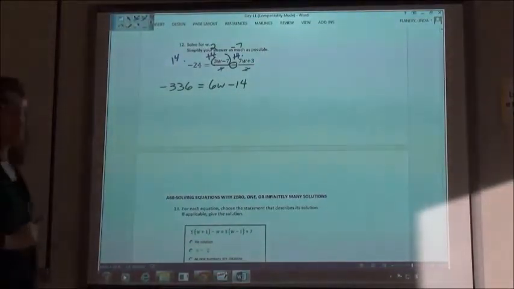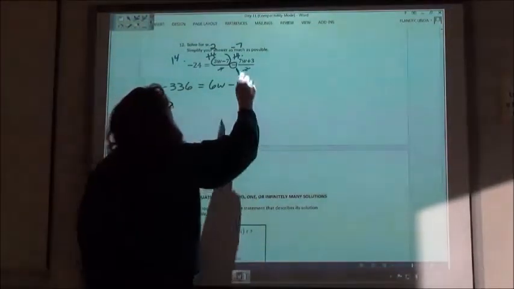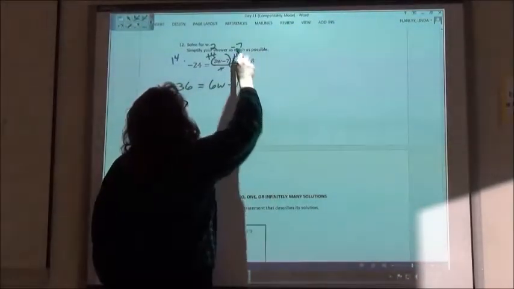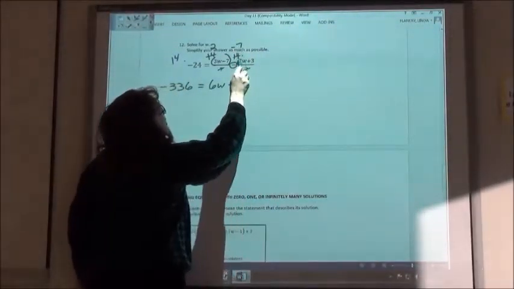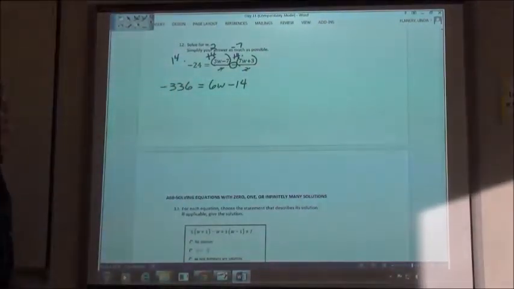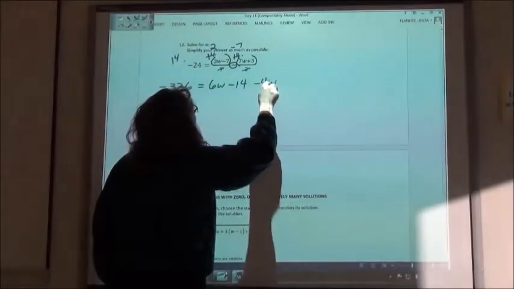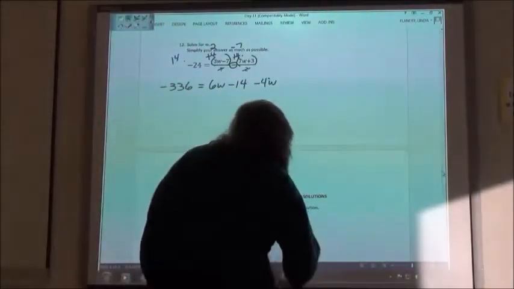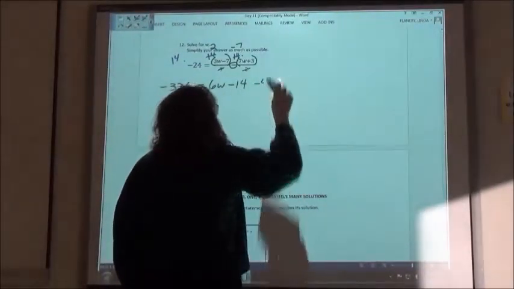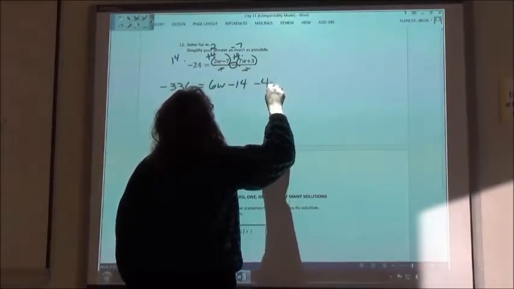If I multiply both of those by a minus 7, I'm taking negative 7 times just a 7, right? That's just a 7 up there. So negative 7 times 7 is negative 49w. Plus 21, what's your sign?